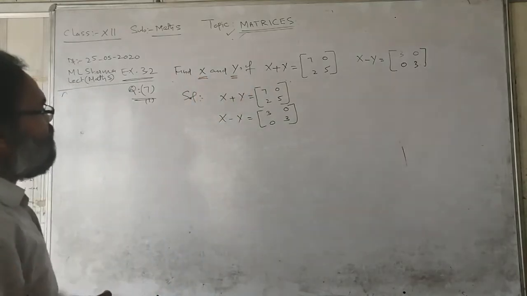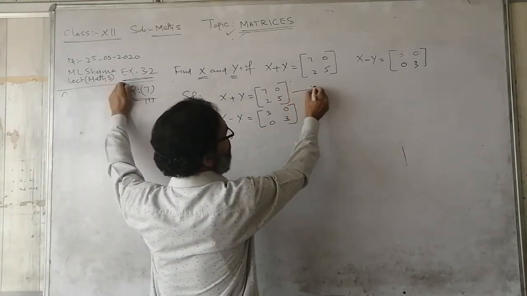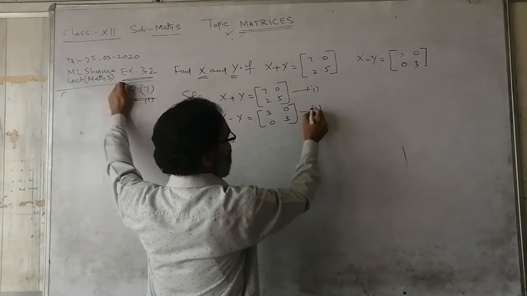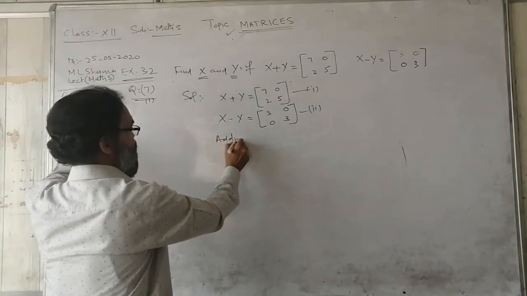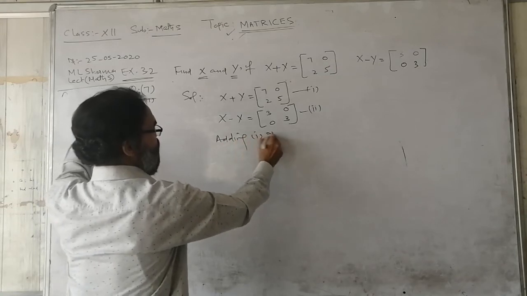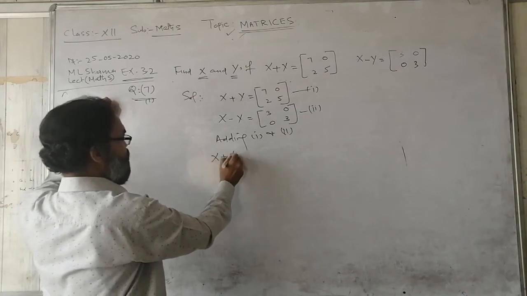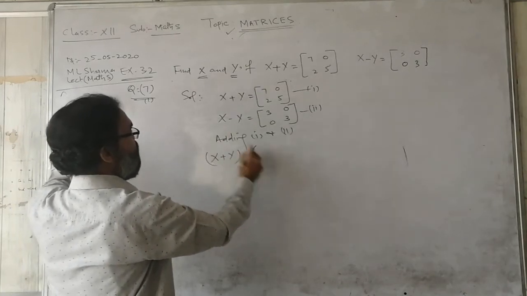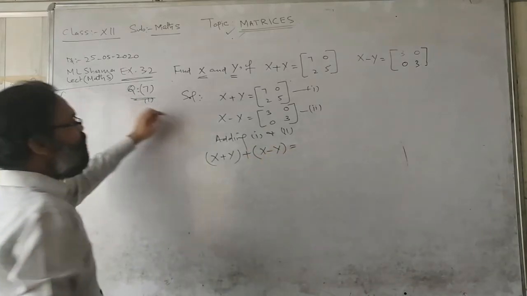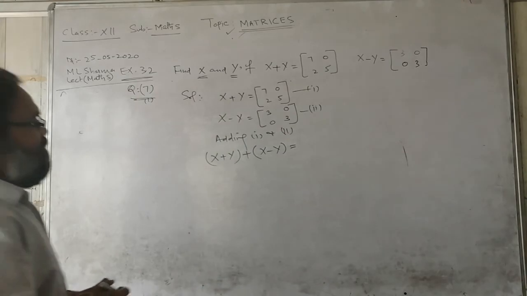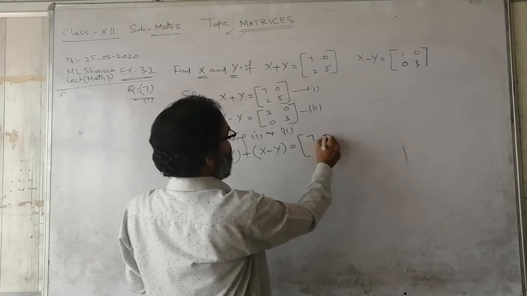For this, if I add these two equations, say this is equation first and this is equation second, so the matrix equations are added, adding first and second. So when I add, I will have x plus y plus x minus y. This will equal, if the left hand side is added, then the right hand side elements are to be added.